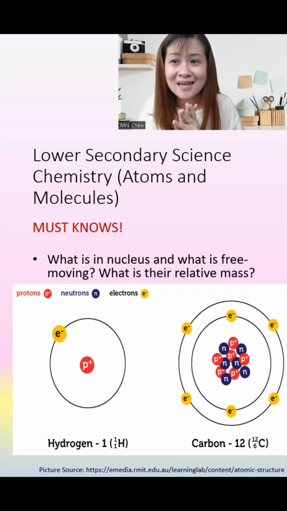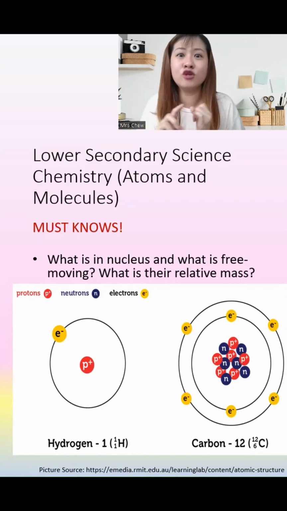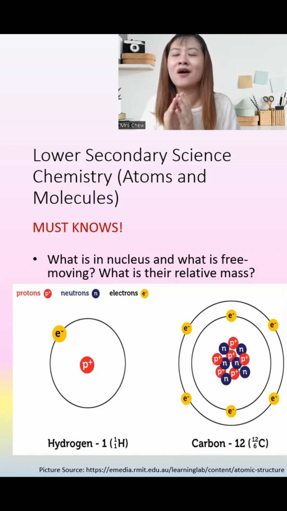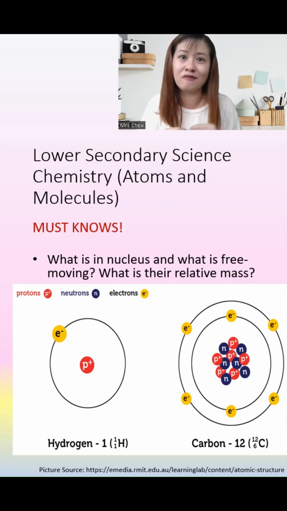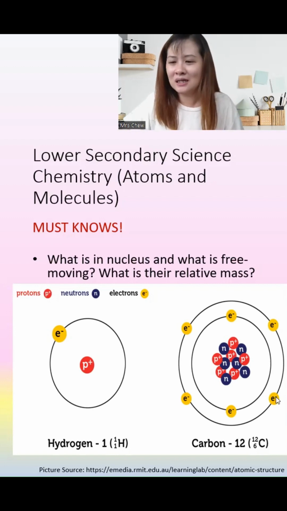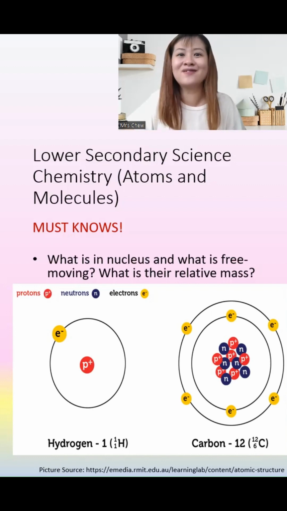It doesn't mean that the number of neutrons and protons are always the same. It is just for some atoms that you will realize the number of neutrons is the same as the number of protons. So we will also have 6 electrons because we have 6 protons.